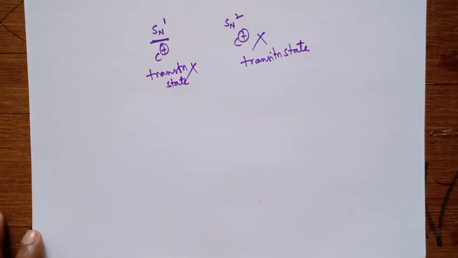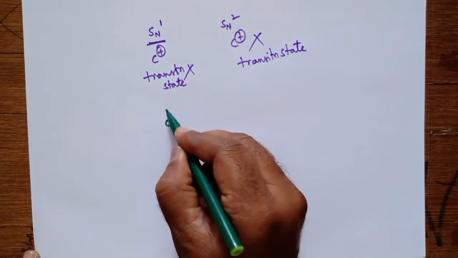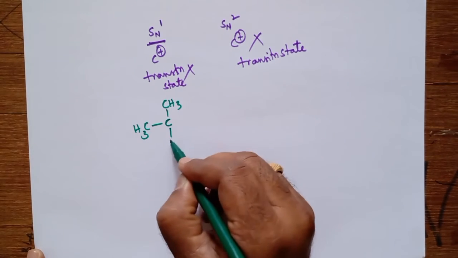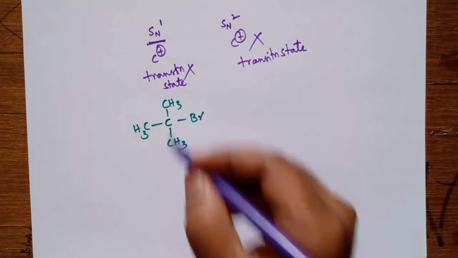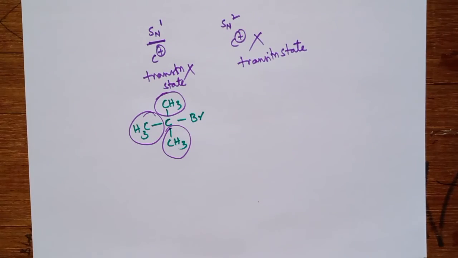So the question comes, in SN1, why is the transition state not taking place? Because these methyl groups are bulky, that's why OH minus cannot enter from the backside.